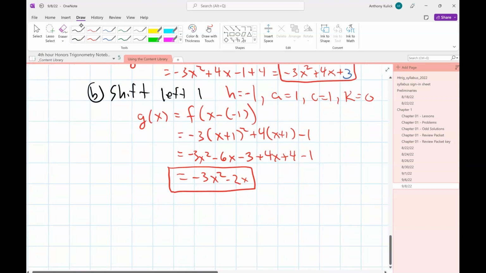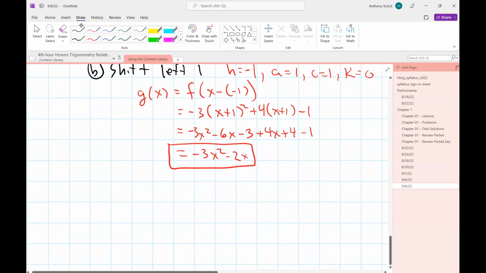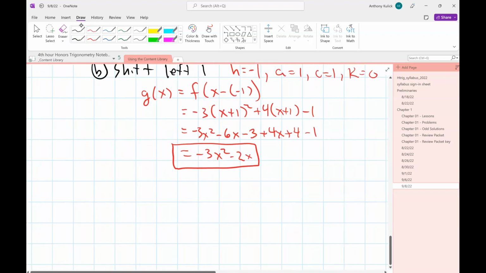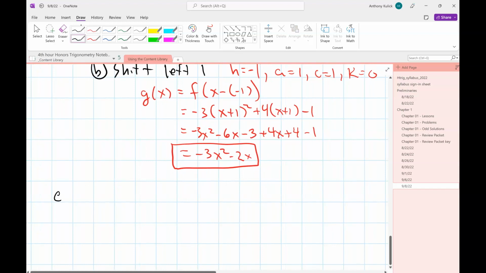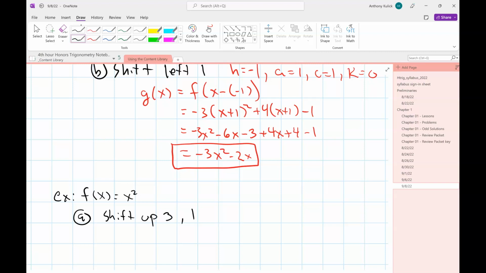Next question here that we're going to deal with is, does the order of the transformation matter? So take, for example, the parent function of x squared. Let's say we shift up 3 and then do a vertical stretch by 2.